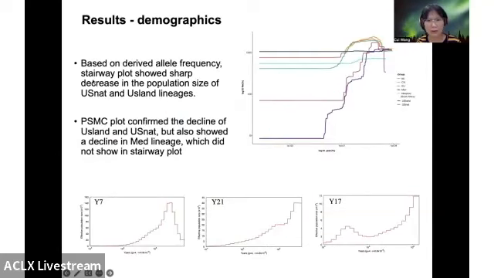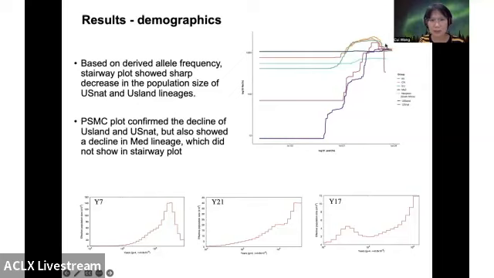Then we performed demographic analysis. We obtained the derived allele frequency by aligning the RAD-seq to the ancestral species. Then we performed stairway plot analysis.